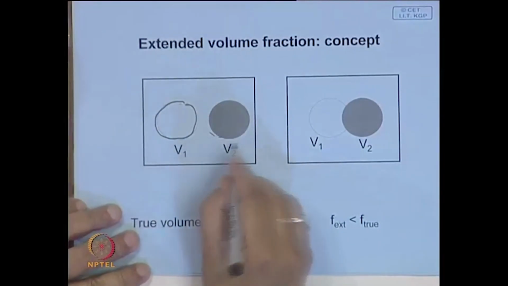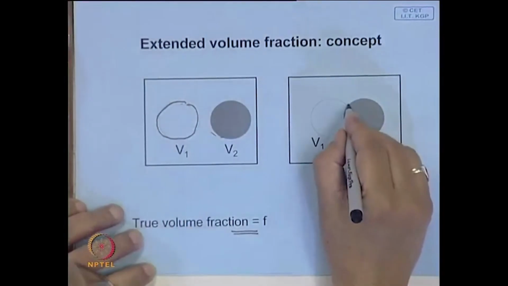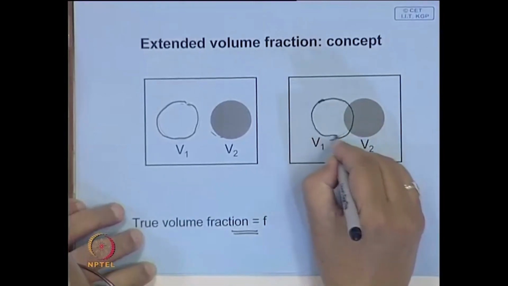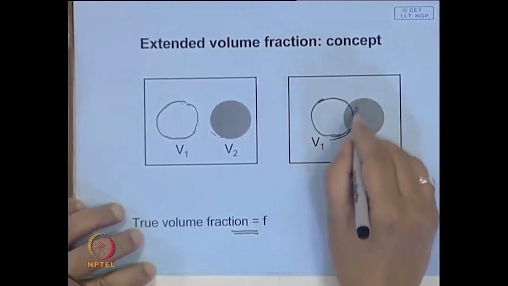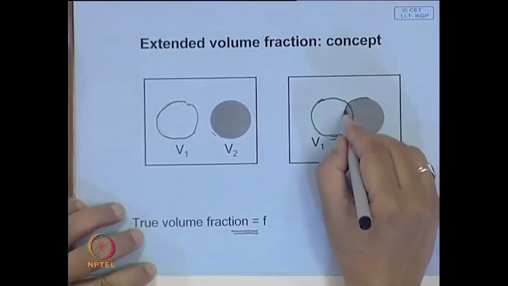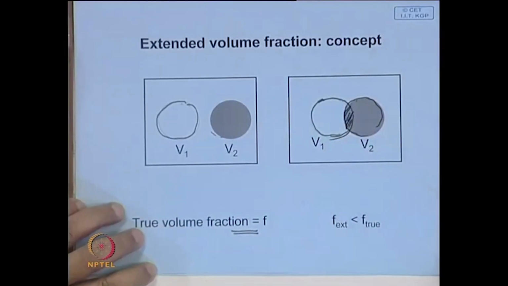Add these two volumes, you get the net volume. But if it impinges, then the problem comes up. If you add the two, you get a wrong volume fraction, because this volume you are counting twice.